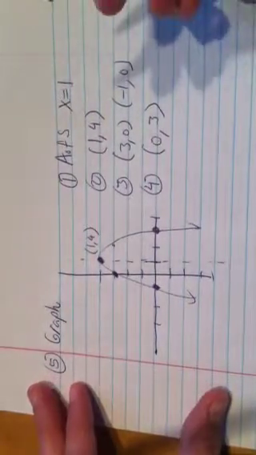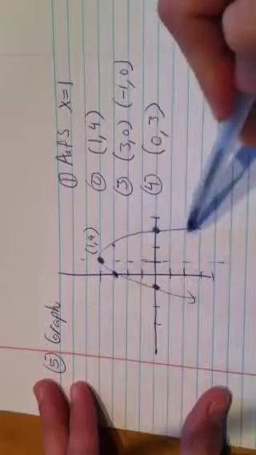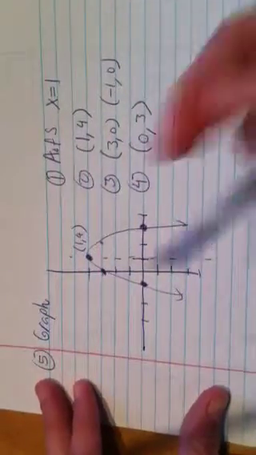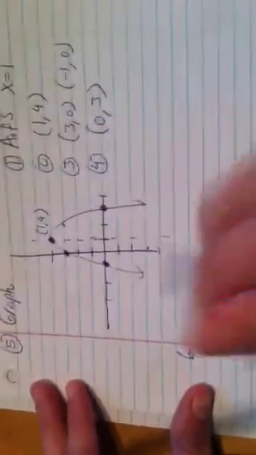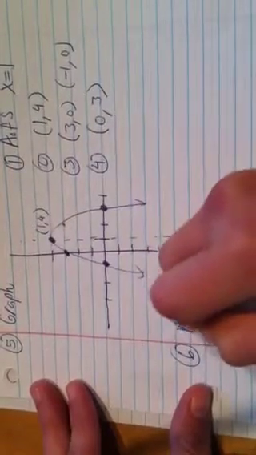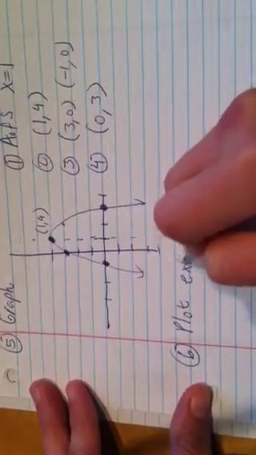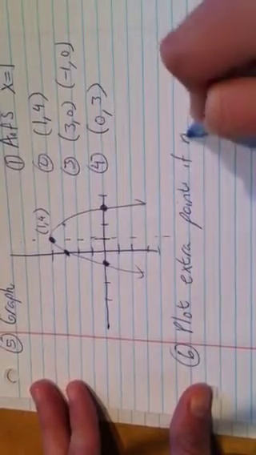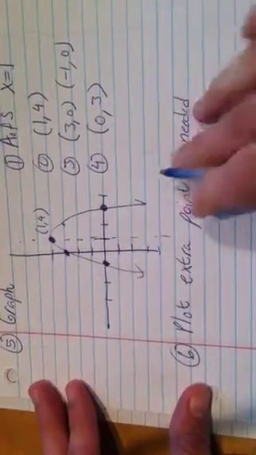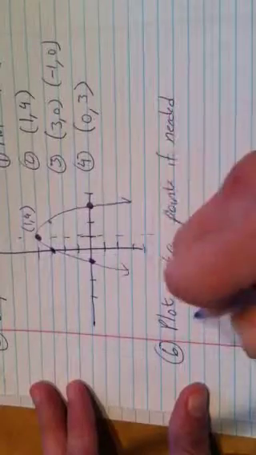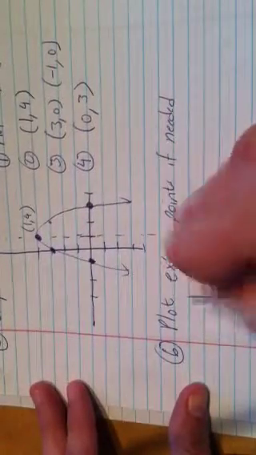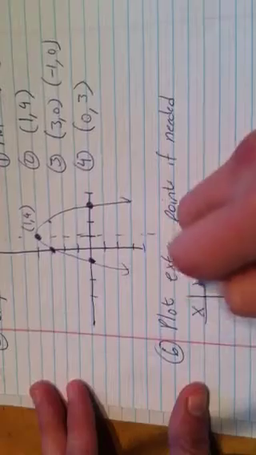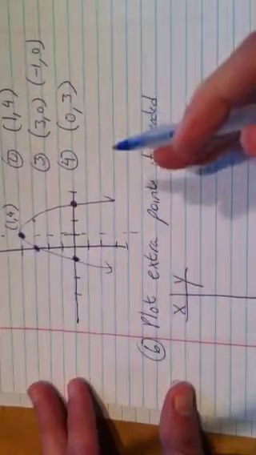If I needed more points, if you couldn't quite see where the parabola was going, you could graph more. So I'll say plot extra points if needed. So this case would be fine, but you can always go to an XY table and try to figure out some more points.